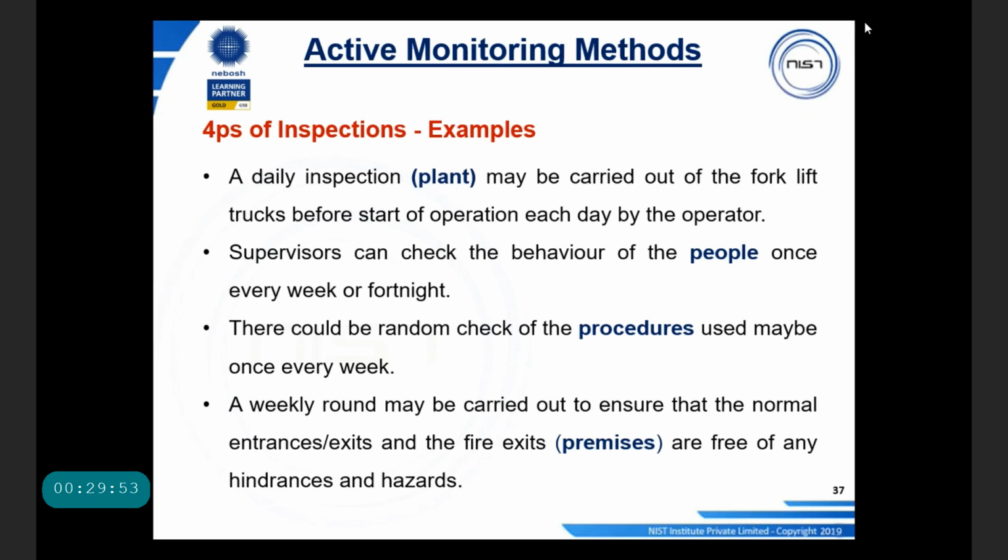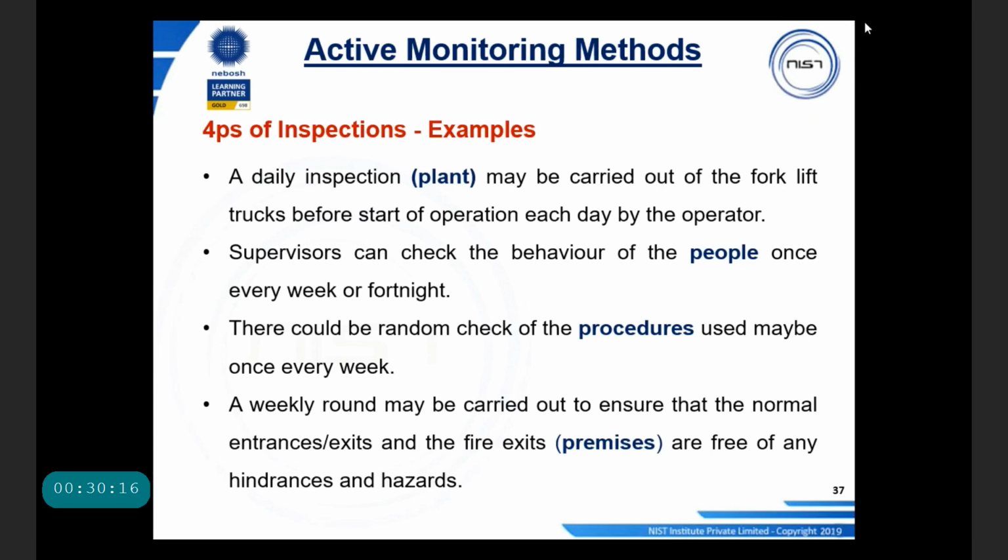4 P's of inspections. Examples: a daily inspection of plant may be carried out of the forklift trucks before start of the operation each day by the operator. Second, supervisors can check the behavior of the people once every week or fortnight.